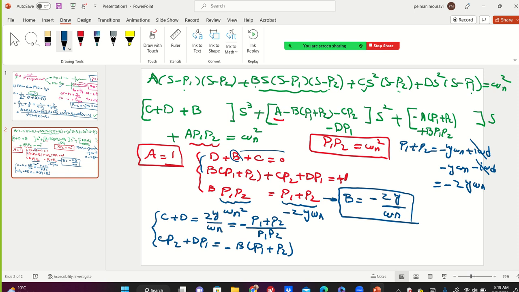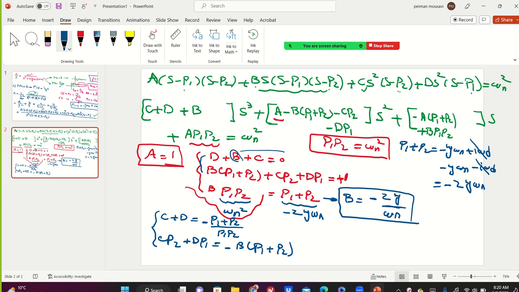See what I'm saying? Let me do this, and let me delete this for simplicity. Minus P1 plus P2 over P1 P2. You see? So how to do that?